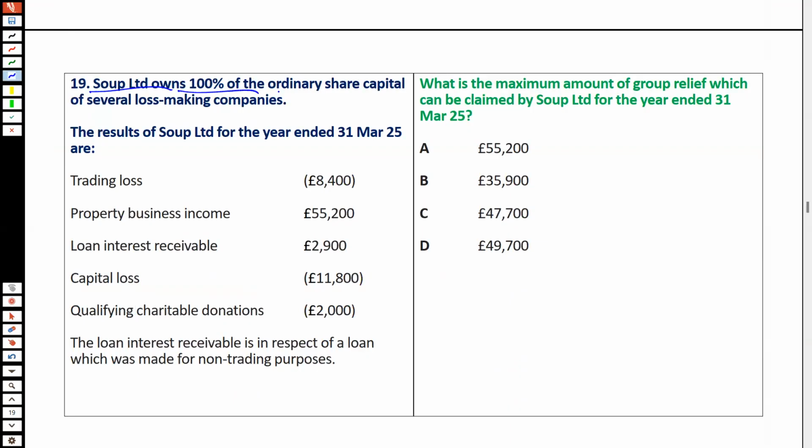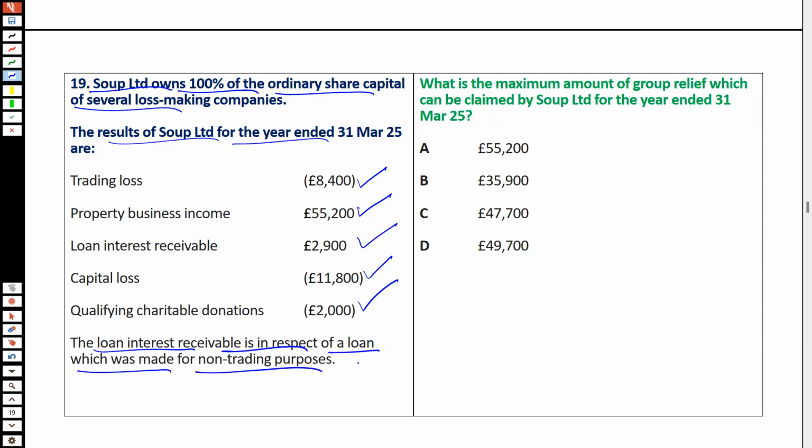Soup Limited owns 100% of the ordinary share capital of several loss-making companies. The results of Soup Limited for the year ended 31st March 2025 are trading loss, property income, loan interest receivable, capital loss, qualifying charitable donations. The loan interest receivable is in respect of a loan which was made for non-trading purpose.